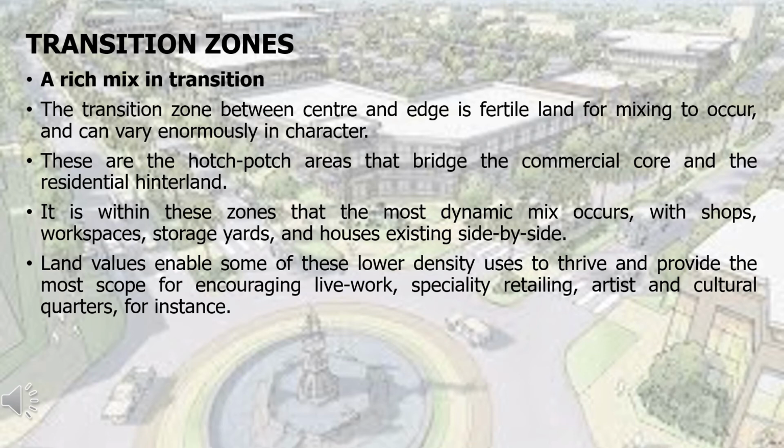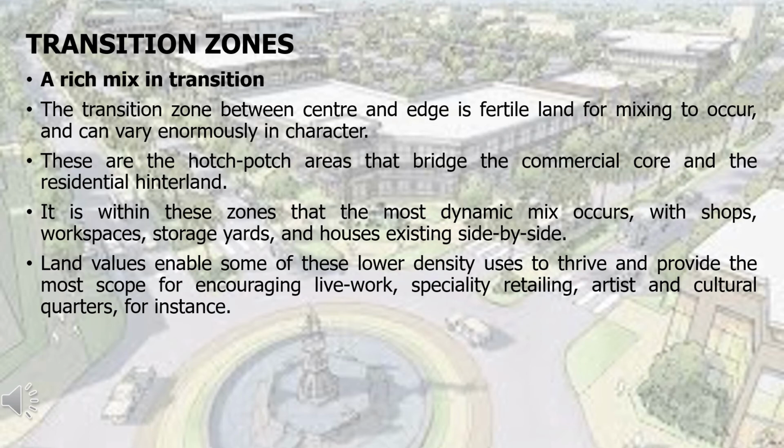So we have a center, and as we move to the edge, we are moving to, let's say, a dead zone. So there should be a proper transition between the center and the edge of the neighborhood. The transition zone between center and edge is fertile land for mixing to occur and can vary enormously in character. So you can shape that.